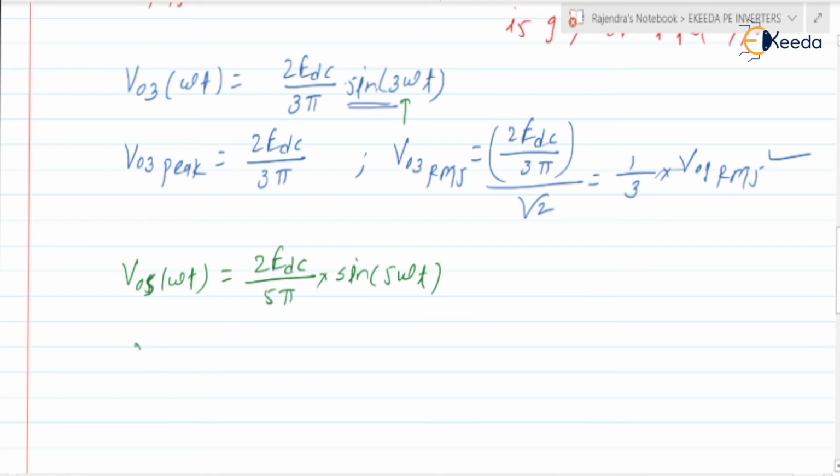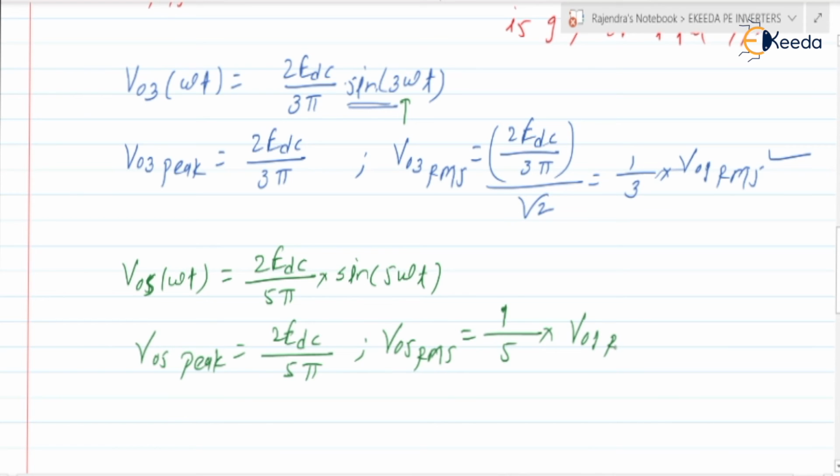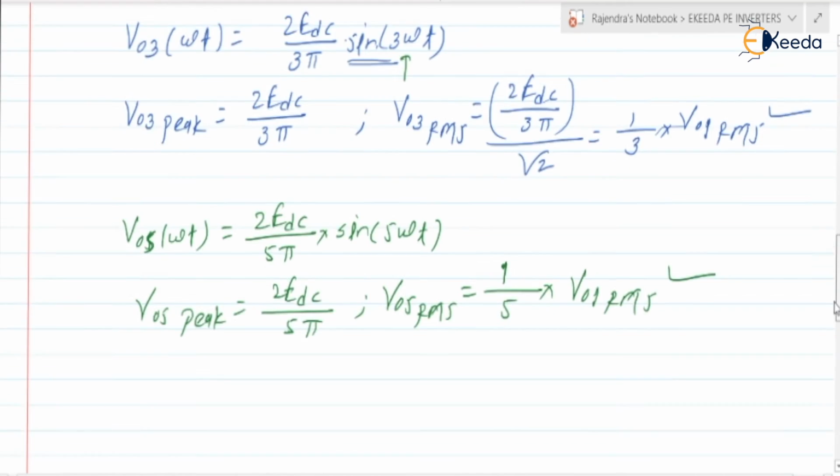So V0 phi peak is equal to 2 EDC by phi pi. And what is the V0 phi RMS? V0 phi RMS is equal to 1 by phi into V01 RMS. Is this clear?